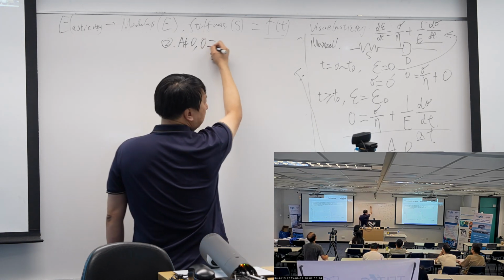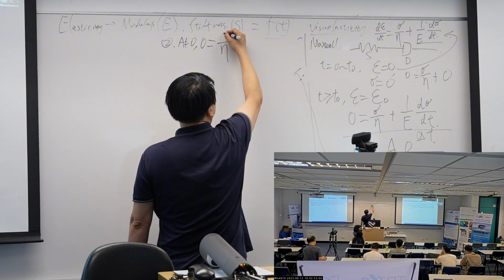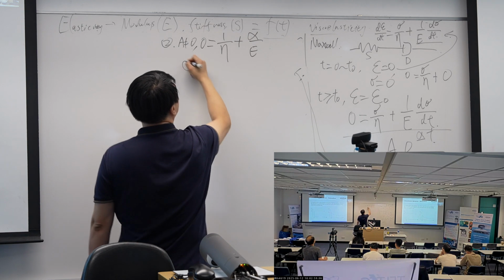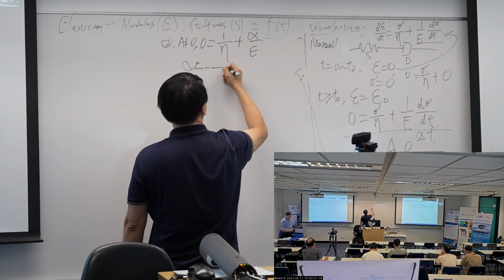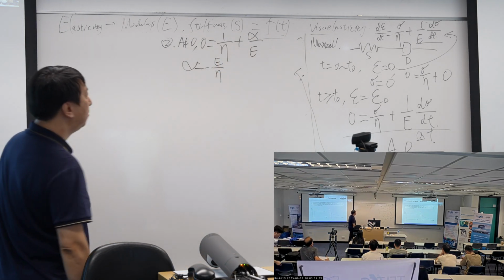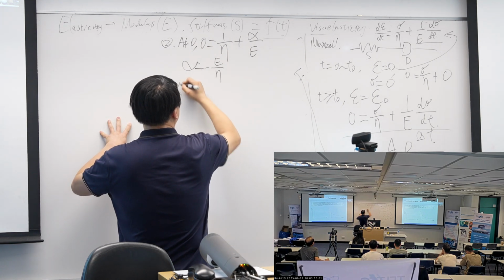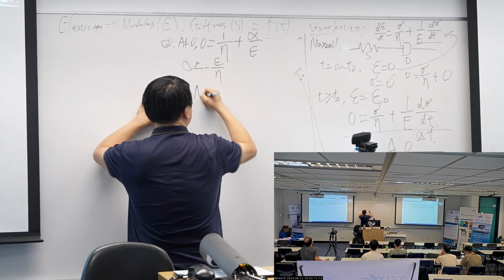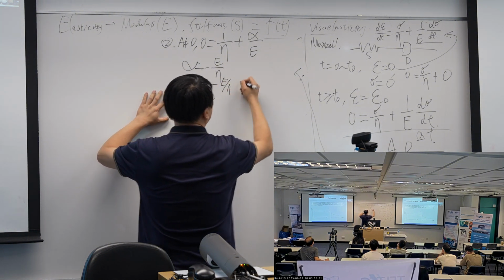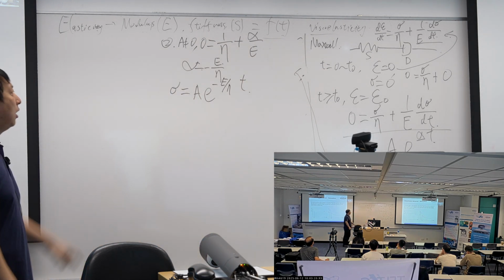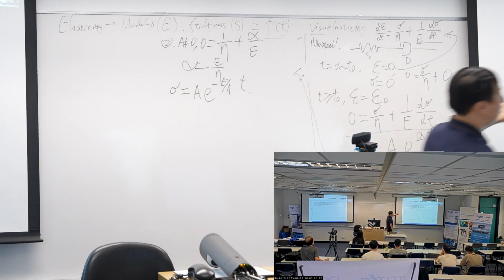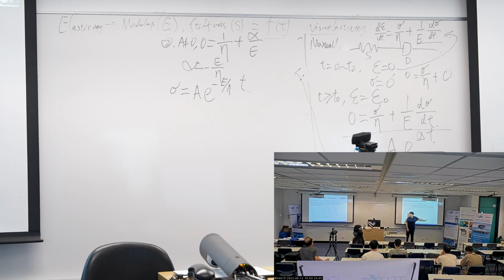Then we get 0 equals 1 over eta plus alpha over E, so alpha equals negative E over eta. And so finally we get sigma equals A e^(negative E over eta times t). That's the form of the sigma, and we observe something curved like this.